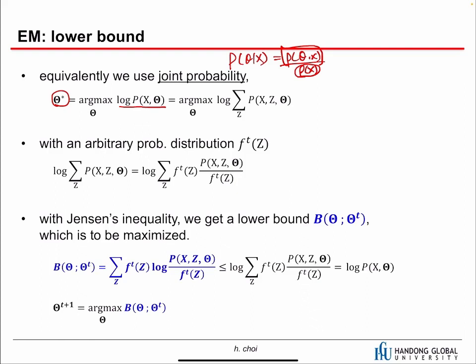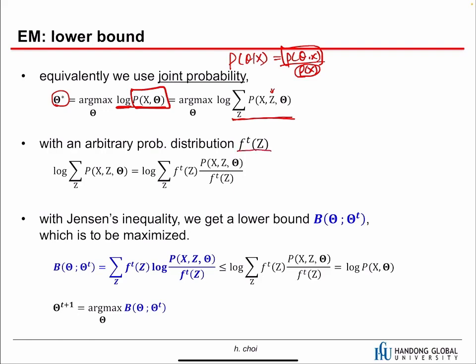And as we said, we can apply this log, and in this probability we can put a hidden variable z, and we marginalize z. So this one is exactly the same as this one, with an arbitrary probability distribution f_t of z. For now, this is some probability distribution.